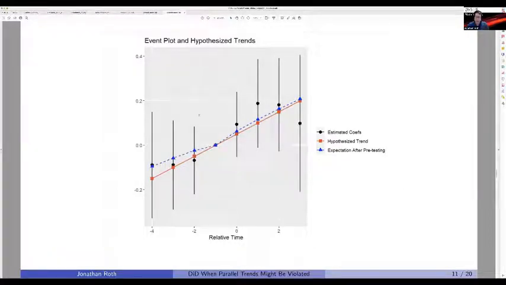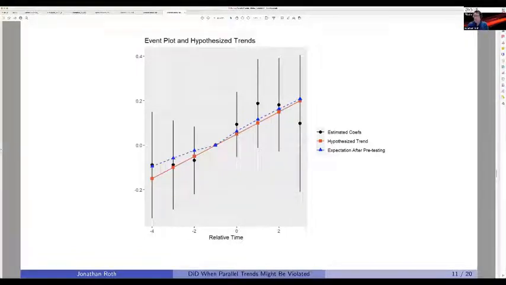So overall, I think that this plot nicely highlights what we saw in the drawing on the confidence intervals exercise I did at the beginning, where we can visualize here that we can't distinguish from this event plot whether this group was just on some smooth increasing trend versus there being a break in the trend at the time of the treatment.